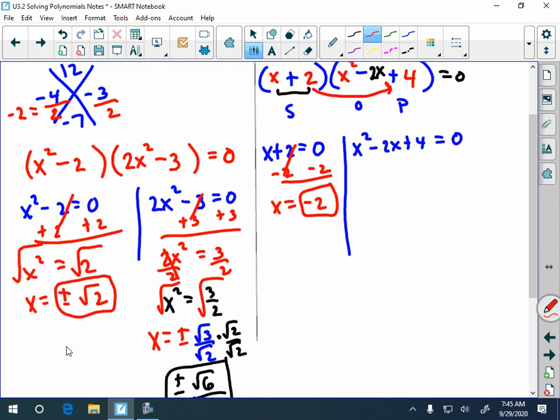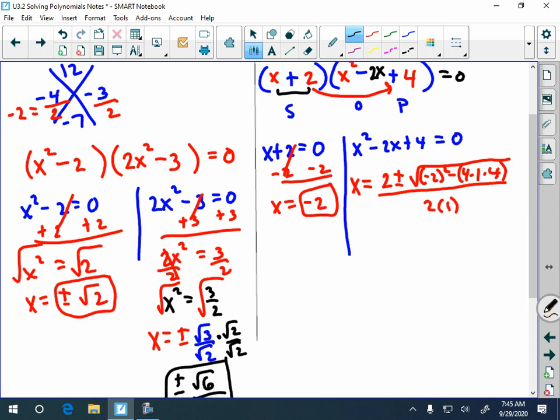So anytime you're solving and you're using the SOP, the trinomial part, you have to use the quadratic formula. All right, so let's go ahead and use the quadratic formula. x equals negative b plus or minus square root of b squared minus 4ac all over 2a.